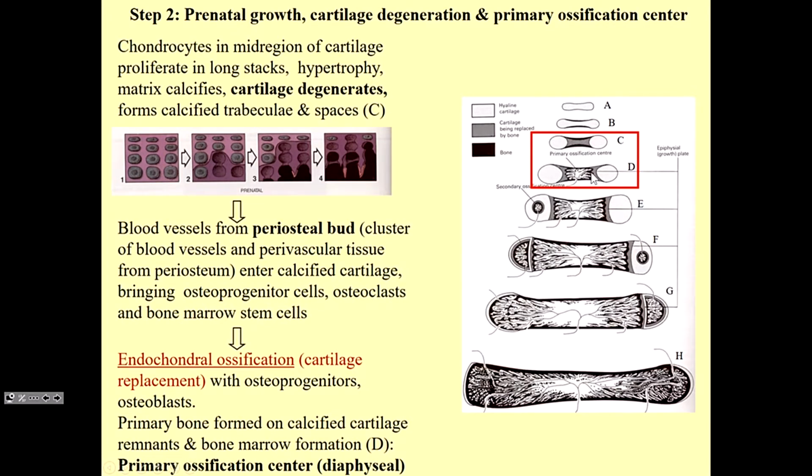So that cartilage in the center, surrounded by that bone collar, is eroded and slowly replaced by bone. That's what we call endochondral ossification, basically cartilage replacement. This is still going on in the fetus.